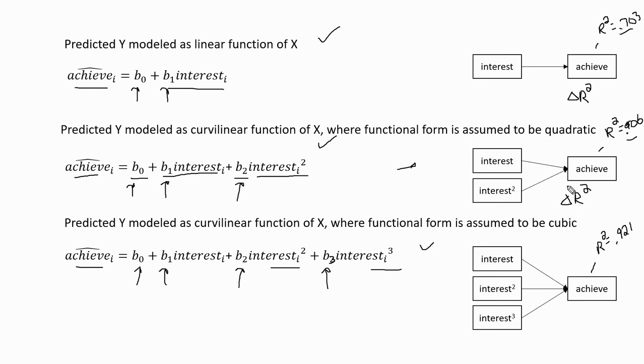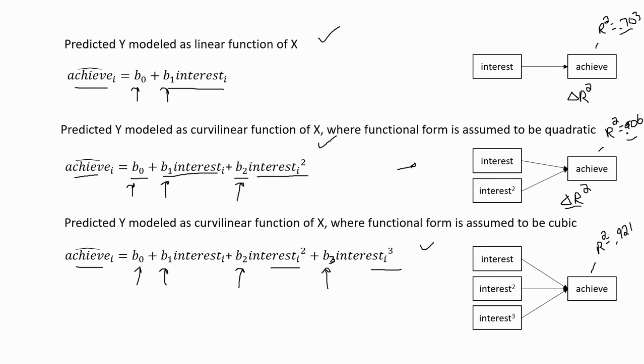So for the change in R-squared between model 2 and model 3, if the change is significant, then that might lend support for assuming a cubic functional form between interest and achievement. And if the change is not significant, then that would lend greater support for assuming that a quadratic form best describes the relationship between interest and achievement.